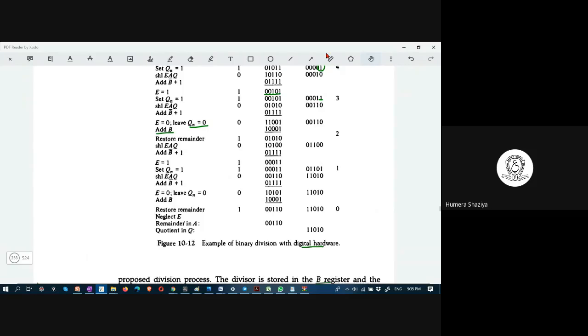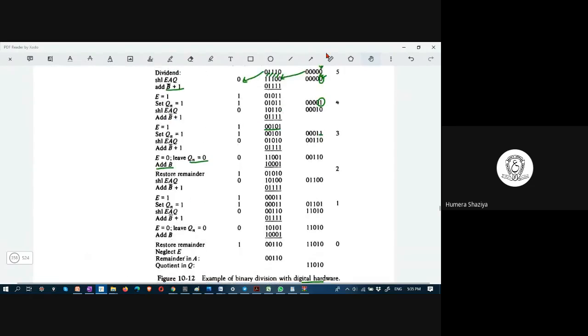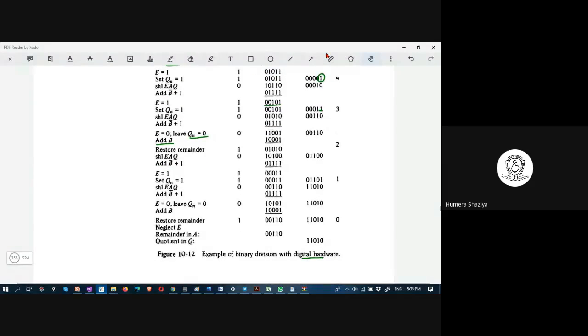Students, will you do this step by step and let me know whether you understood or not? When E is 0, you are adding B. After adding B, you restore this previous value. You obtain the same back.